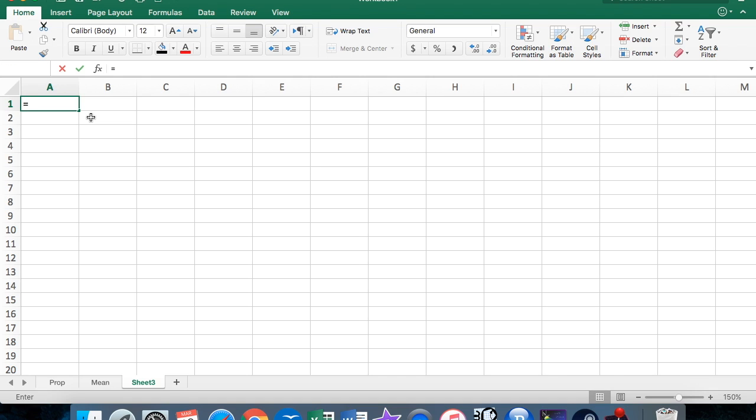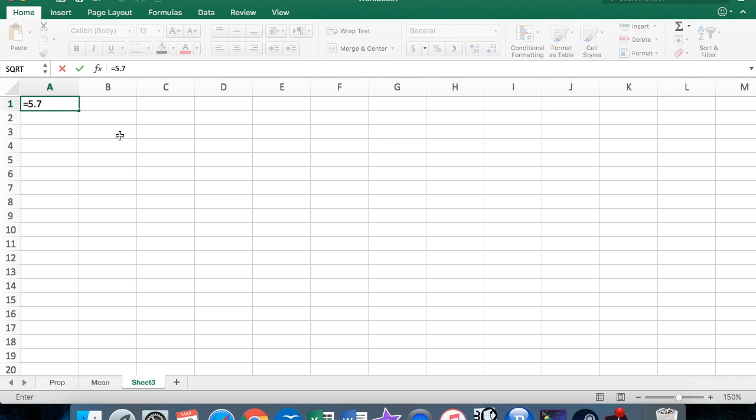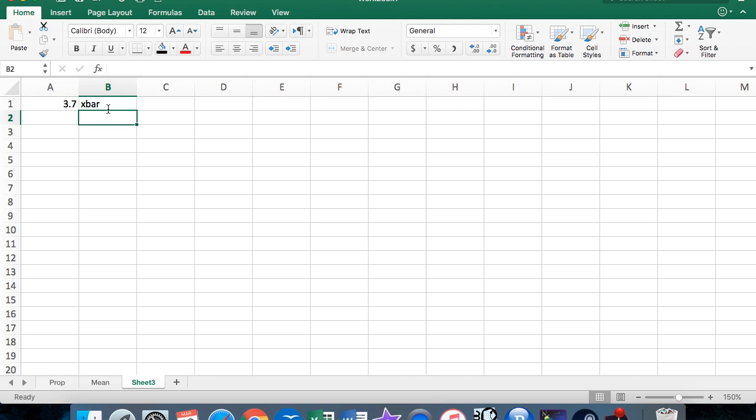So it was 5.7 and 1.7, and let's average these guys. Because if I'm adding m and subtracting m, that means that if I take the average, I'll find the middle of them. In the middle of them, this is going to be my x bar for this problem.